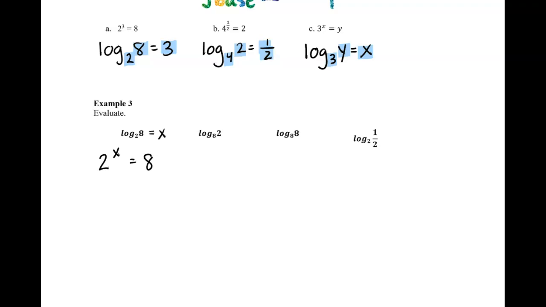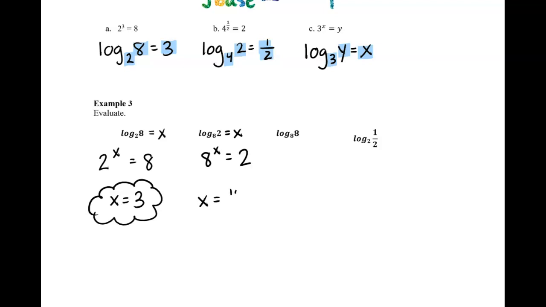Well, 2 to what power equals 8? 3. So x equals 3. And now we can go the other way. If this is equal to x, now 8 to the power of x equals 2. 8 to what power equals 2? Well, it's cube root. So x equals 1/3.